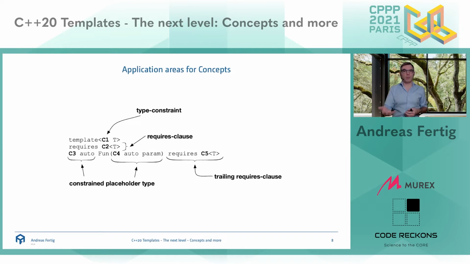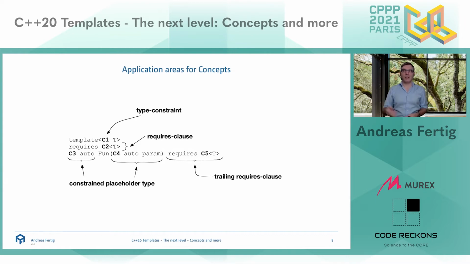And prior to C++ 20, this was only allowed in generic lambdas since C++ 14. But now we can use them in other places as well, in regular functions. We will see an example for that, which is called abbreviated function templates, later. Okay, but these are both constrained placeholder types, and we can constrain them now with concepts.